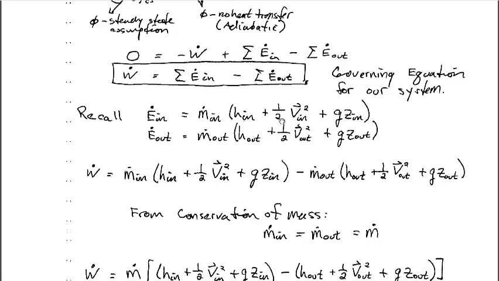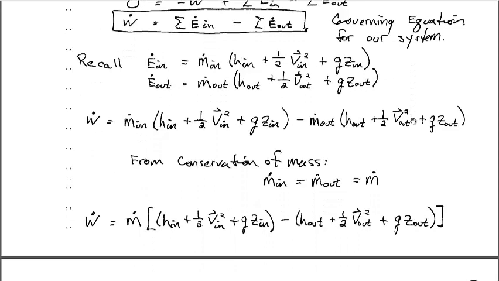We also have the kinetic energy, which of course is 1/2 v squared, and then also the potential energy, which is the gravitational constant, acceleration due to gravity, times the potential elevation of that inlet flow. And we get the same thing for the energy flow out term: mass flow out times the enthalpy of the flow out, plus the kinetic energy of the flow out, plus the potential energy of the flow out.